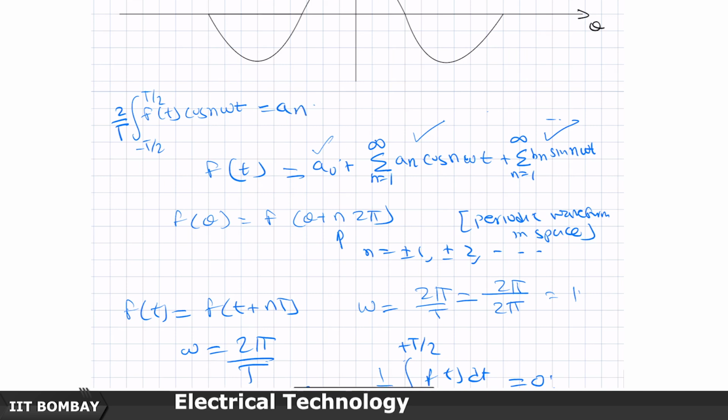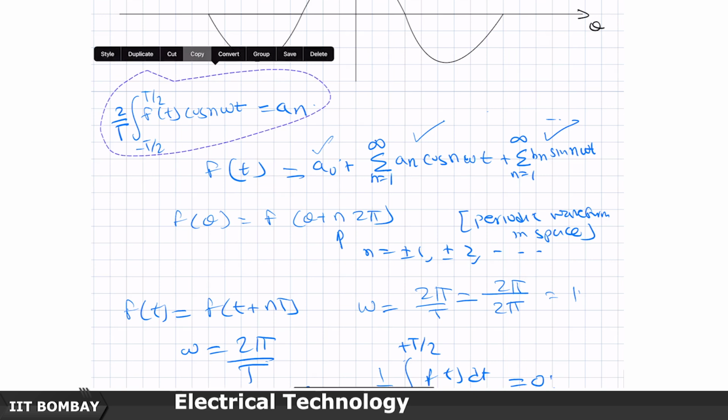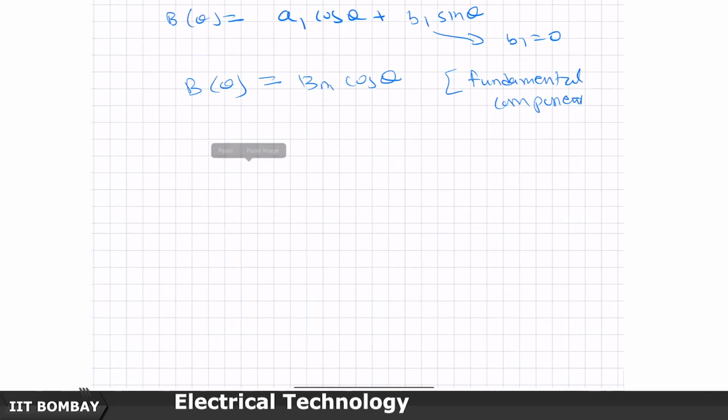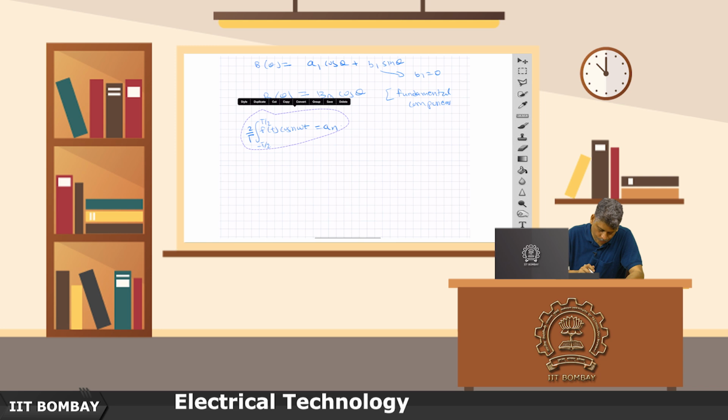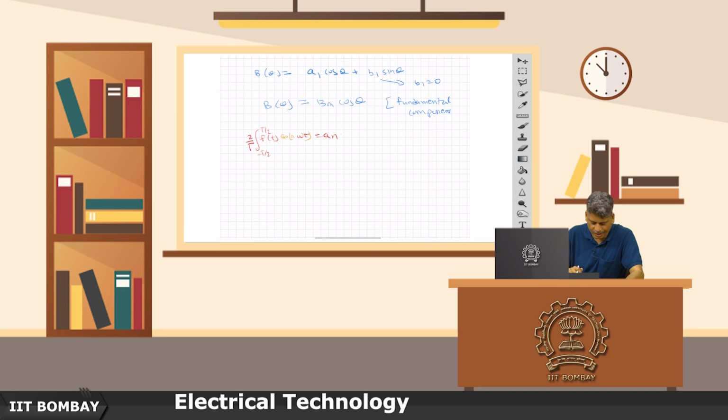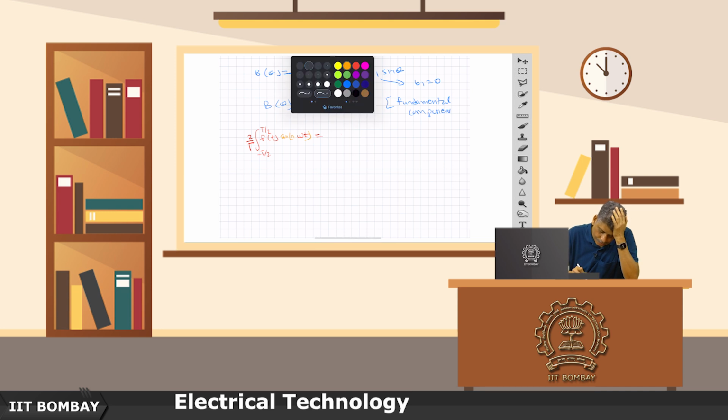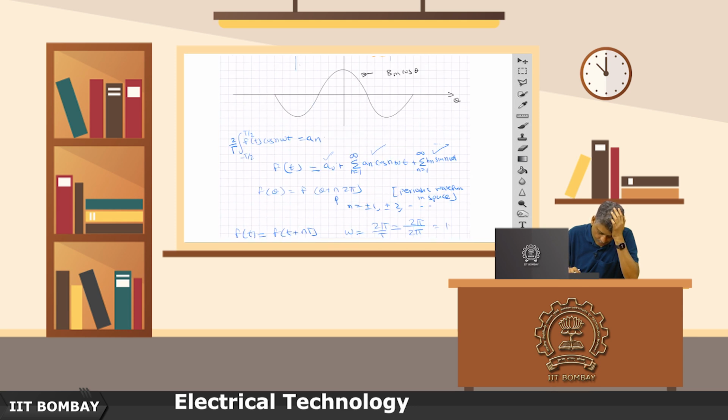And similarly, when you multiply this by sine of n omega t, and integrate and then look at it, you will get the term B n.